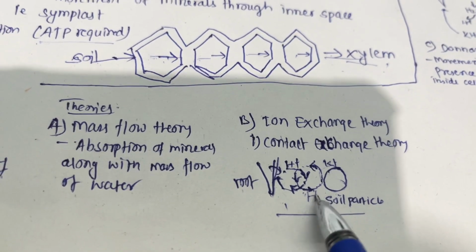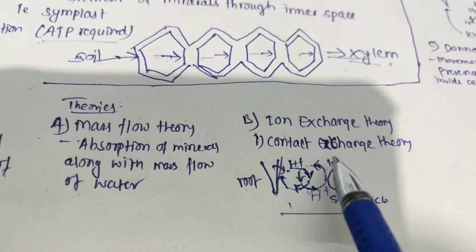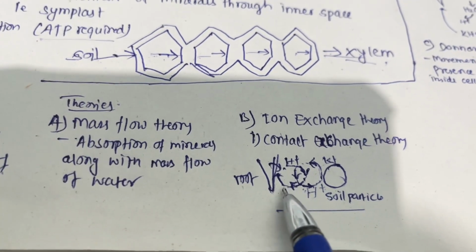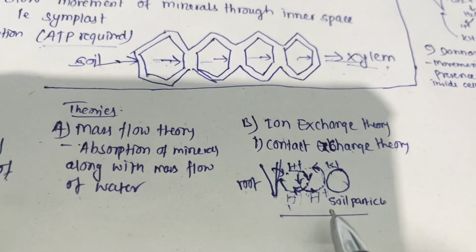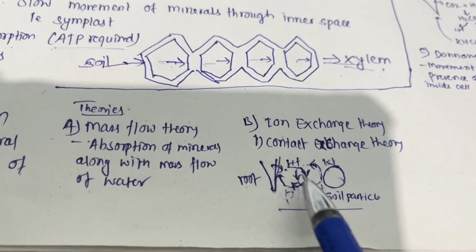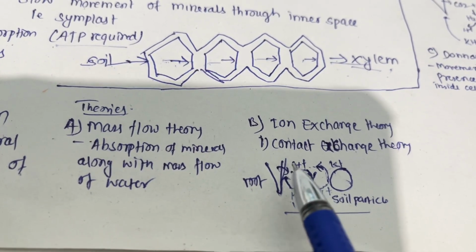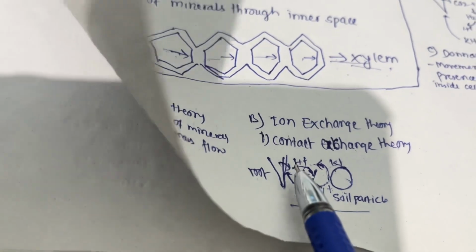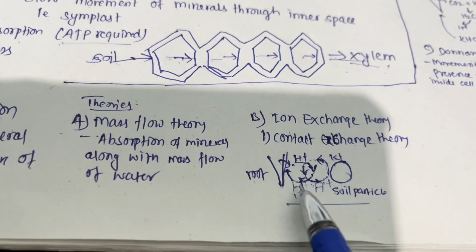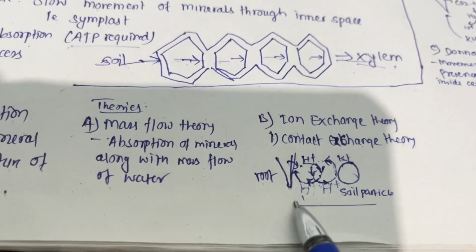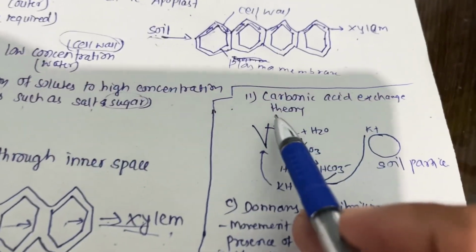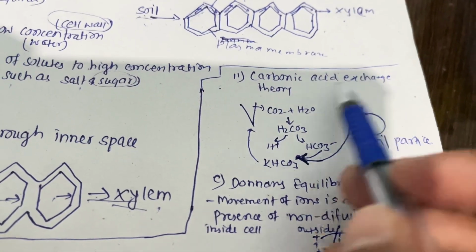So the hydrogen ion comes into the path of the potassium ion, and the potassium ion comes into the path of the hydrogen ion. And there is the exchange of ions. That is, the hydrogen ion comes here and the potassium ion comes here, and this is known as contact exchange theory. Another one is the carbonic acid exchange theory.